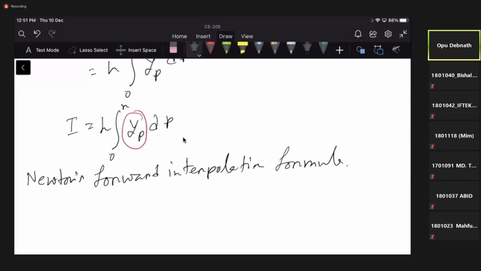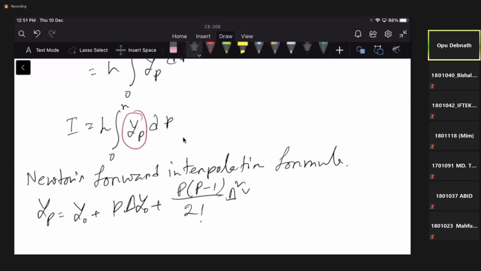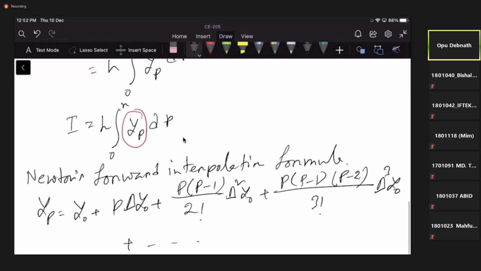The formula was yp is equal to y0 plus p del y0 plus p into p minus 1 by 2 factorial del square y0. Last class, we also started from this for numerical differentiation. So there is nothing new: plus p(p minus 1)(p minus 2) by 3 factorial del cube y0, and so on. So this is your yp, this is the function.